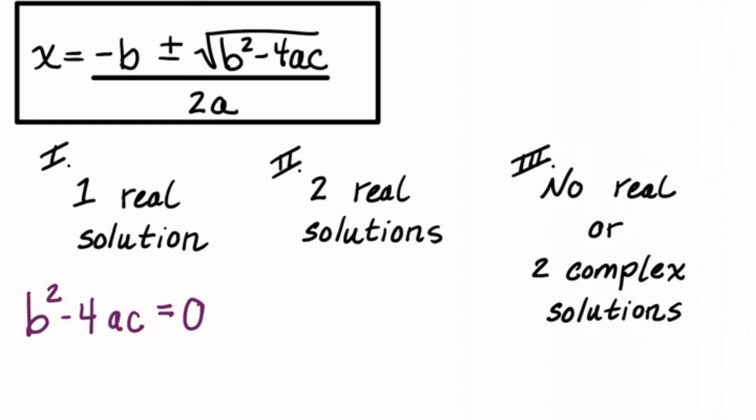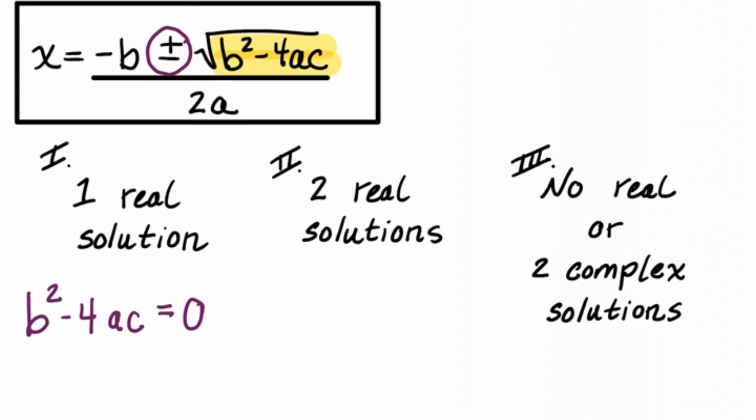If you look at the equation above, that's our quadratic formula. Remember, this part up here is our discriminant. We also have a plus and minus symbol right in front of that radical. And in this scenario, if you take the radical of 0, that's simply 0. So that's going to fall out, and you're going to lose that plus or minus. Therefore, you're only going to have one real solution, assuming that b and a are also real numbers.